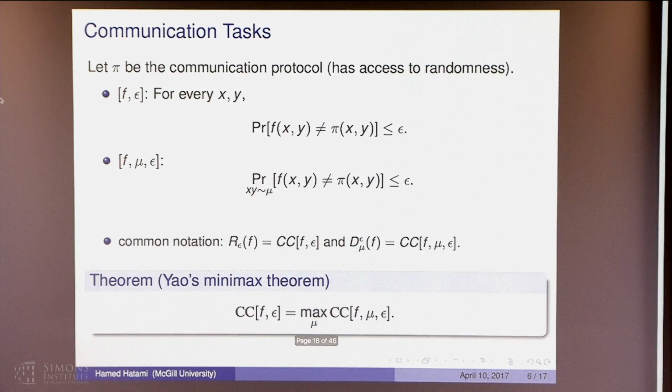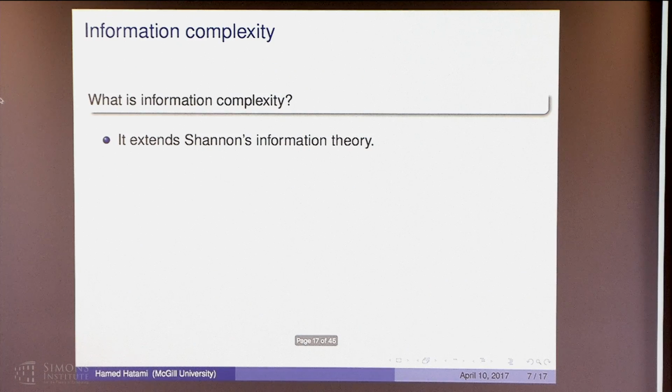All right, so that's these two tasks, and a simple minimax theorem, which appears in Yao's important paper, which kind of initiated this area, says that the first is an upper bound for every single one of these, but there exists a mu which actually gives you exactly the communication complexity of the first task. So there is a difficult mu, the most difficult mu, which is as hard as doing it for every single input. All right, so that's the minimax theorem.